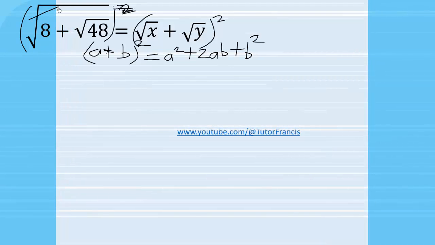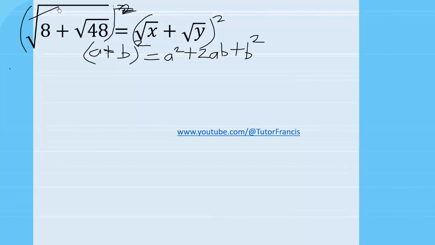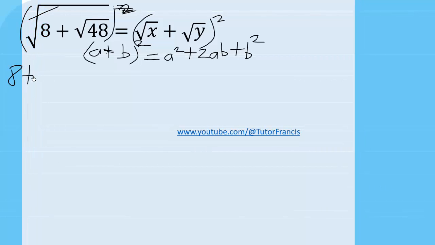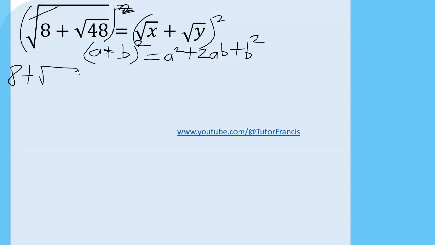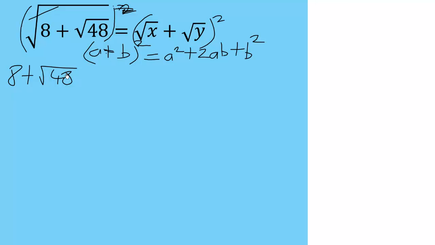That's what we are going to use for the right hand side of the equation. We know that this square can get rid of the square root. So we have 8 plus square root of 48 on the left hand side of the equation.